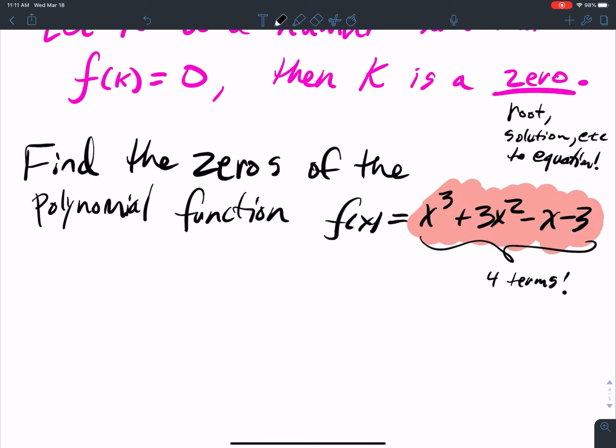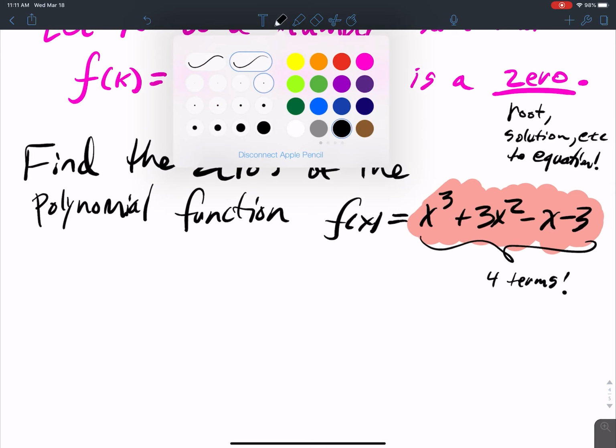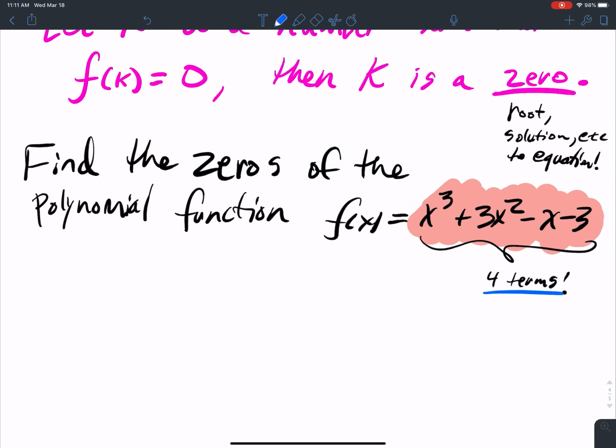Some have x's, some don't have x's, so can't pull an x out. Some have coefficients. Some are just a constant. Well, 3 and 1, there's nothing in common but 1, so there's really nothing we can pull out for greatest common factor. So 4 terms, I should think factor by grouping.